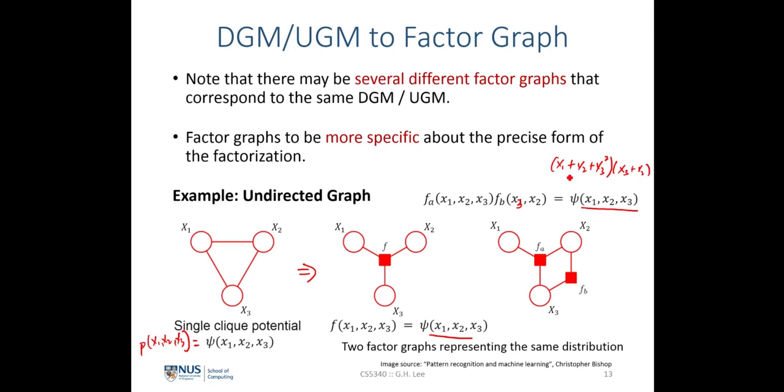After evaluating this term, we are representing this polynomial function as the potential function, which in turn represents the joint probability distribution. So in the first case of the factor graph, we simply do not care that this can be further factorized into this form.